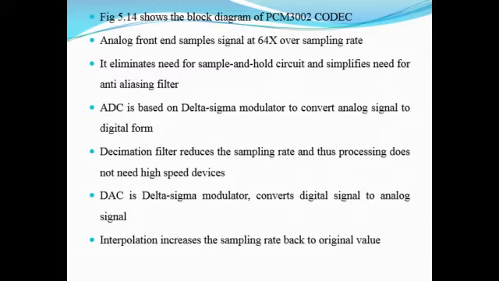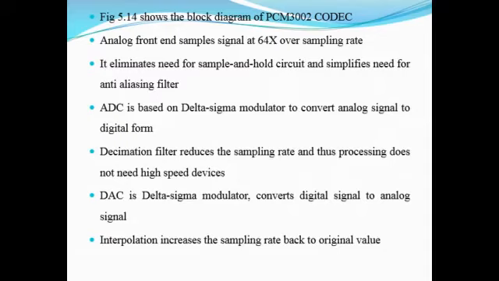So why is the sampling rate reduced? In order to consider the devices which can be operated with no need of using high speed devices. So it can operate with low speed devices as well. So we are going to use a decimation filter to reduce the sampling rate.